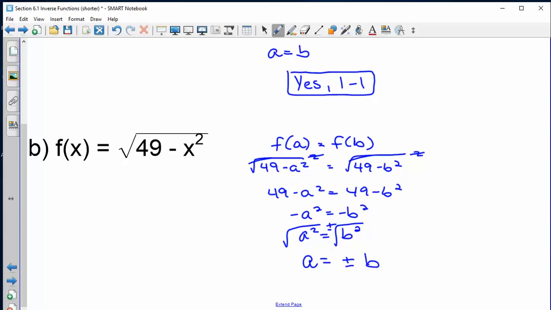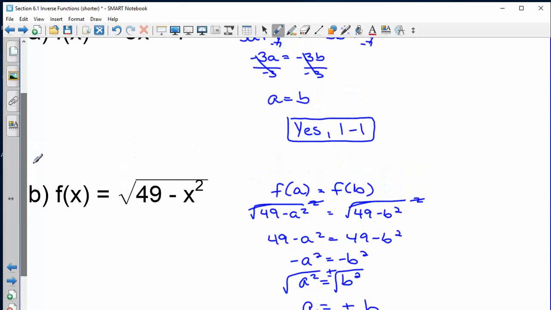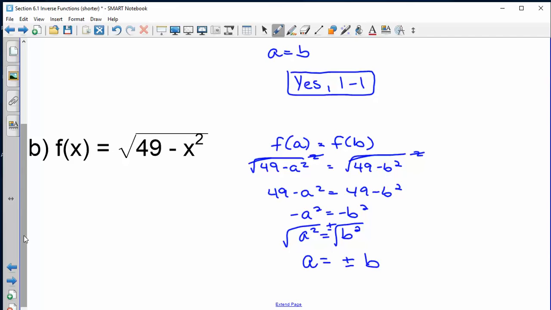So what does that mean? If you get exactly a equals b, it is one-to-one. If you get anything else, it's a no. So here we had two options. They could have been the same or they could have been opposites. So that means it is not one-to-one.